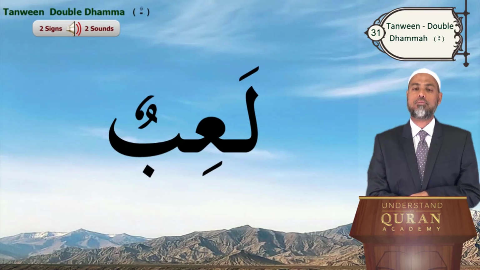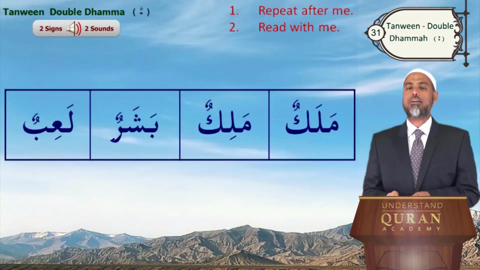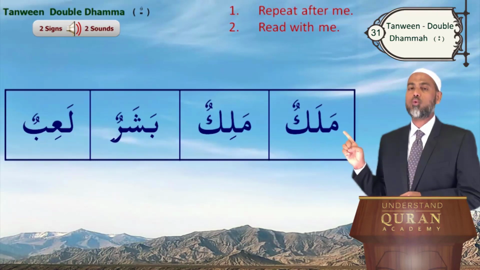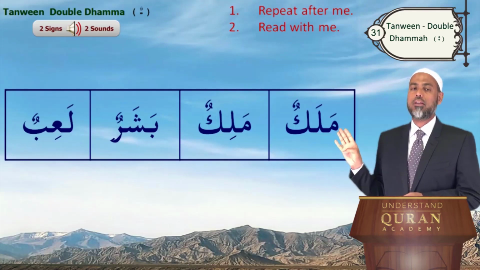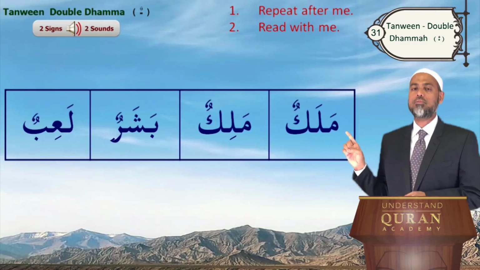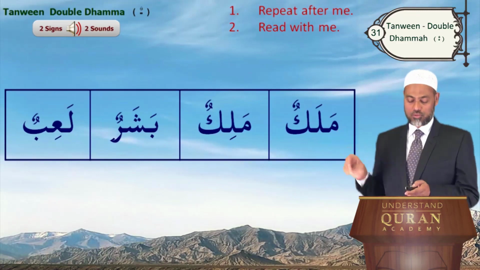La'ibun. Revise the last 4. Malakun. Malikun. Basharun. La'ibun. Once again. Malakun. Malikun. Basharun. La'ibun.